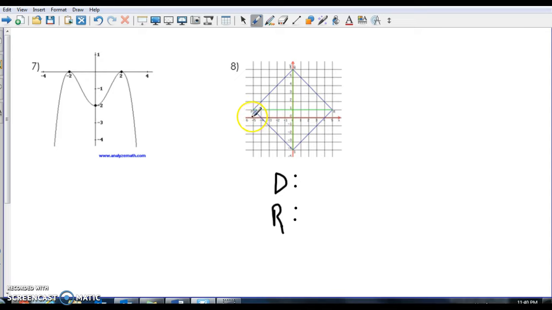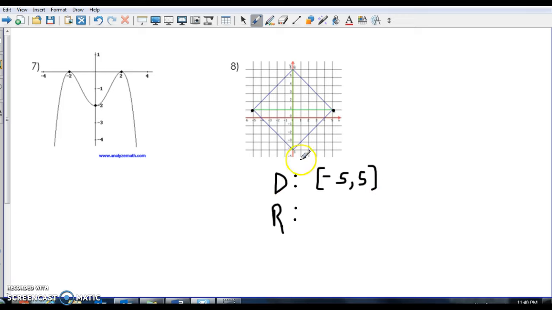The smallest x value is right here at negative 5. So on my domain, my x values are going to go from negative 5, comma, all the way up to a positive 5, which is right here. And because these graphs actually include those points, they're going to be brackets. So we're going to have negative 5 to 5, including them.